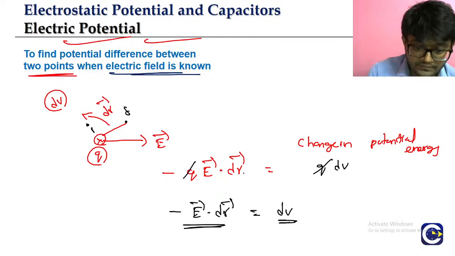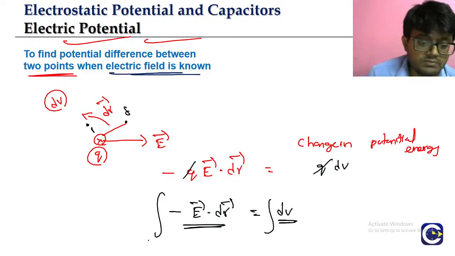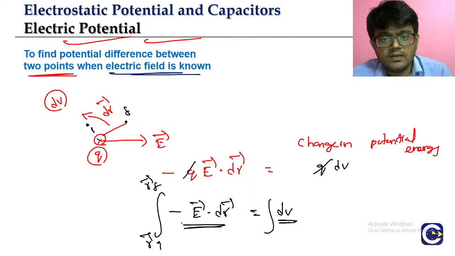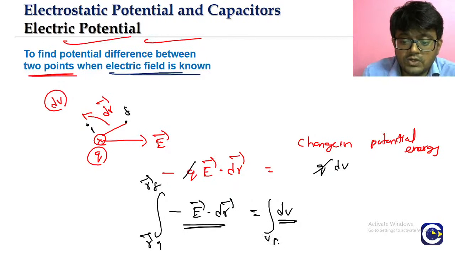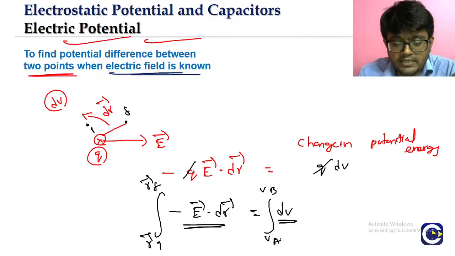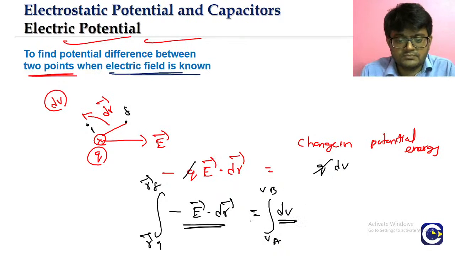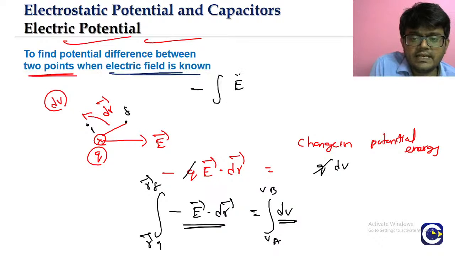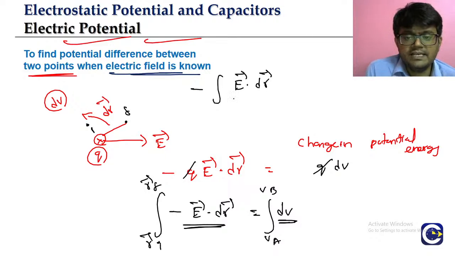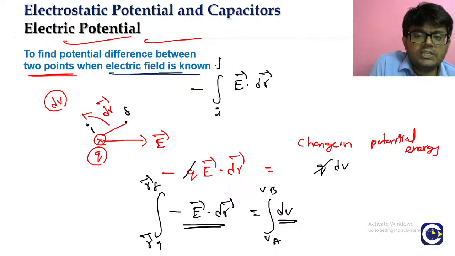So if we integrate on both sides, moving from the initial position to the final position, let us say from point A to final point B, the left hand side becomes integral of minus E dot dr, with integration limits from the initial point to the final point.